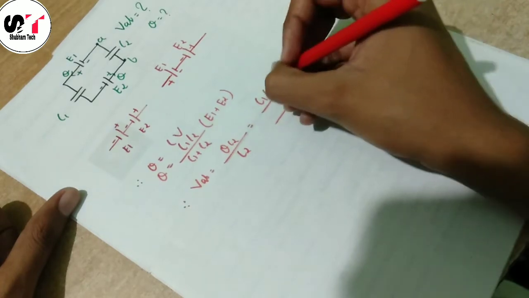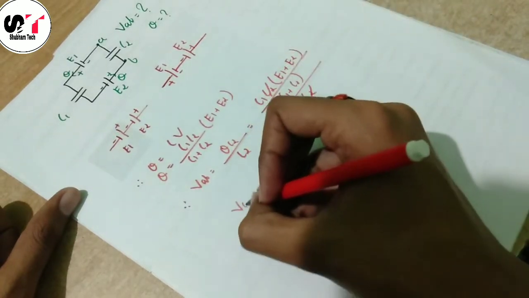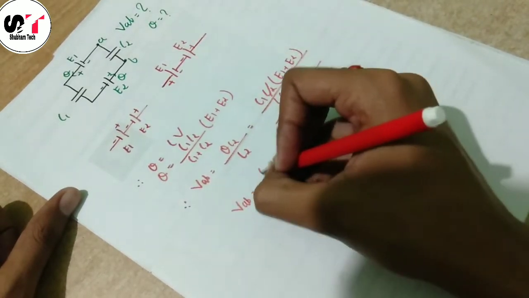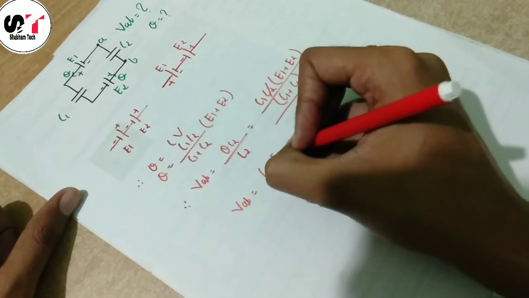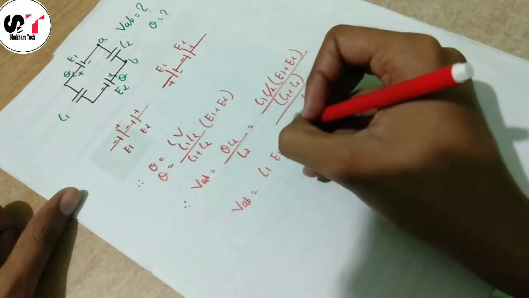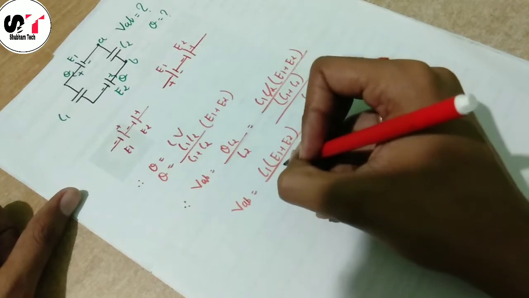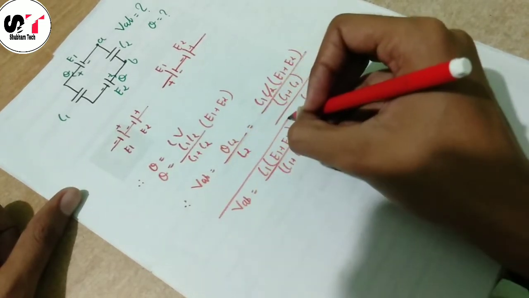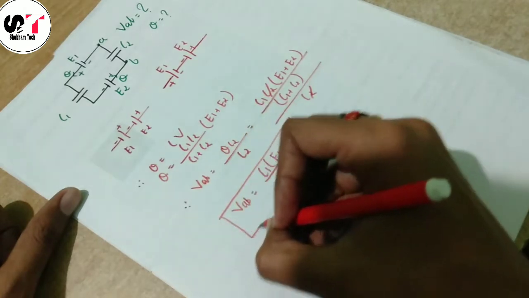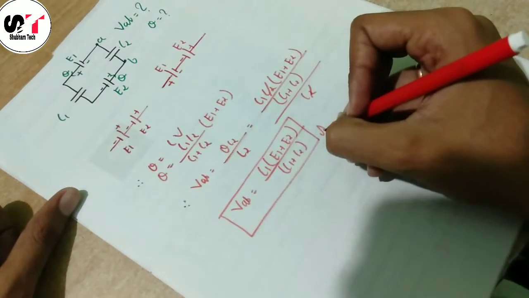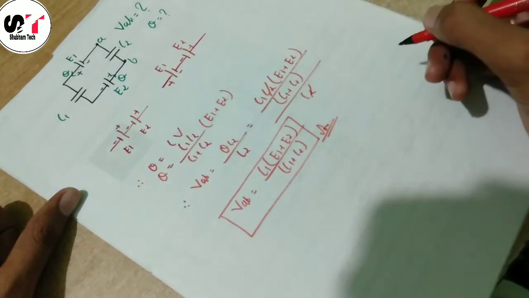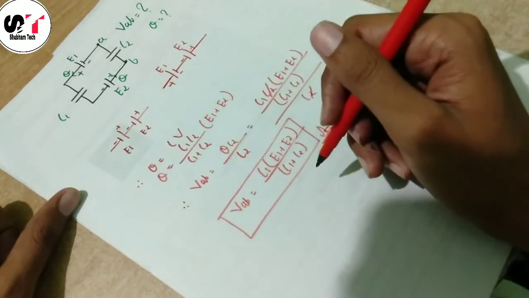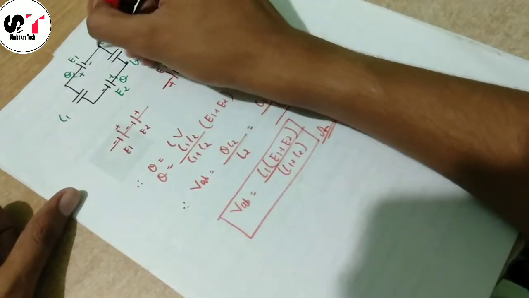The C2 cancels out. We get V_AB equal to C1 (E1 plus E2) divided by C1 plus C2, which is the actual expression of the voltage drop across the A and B terminals.